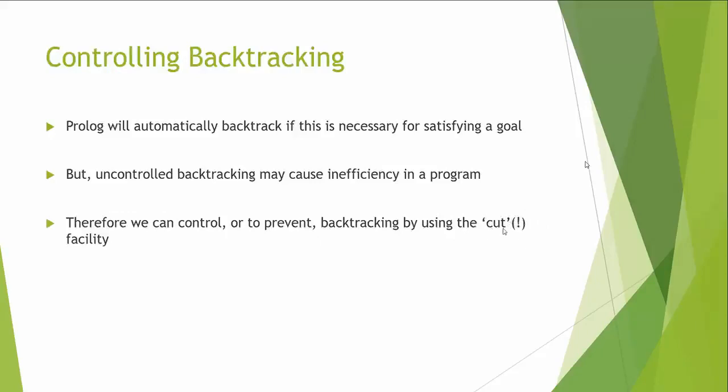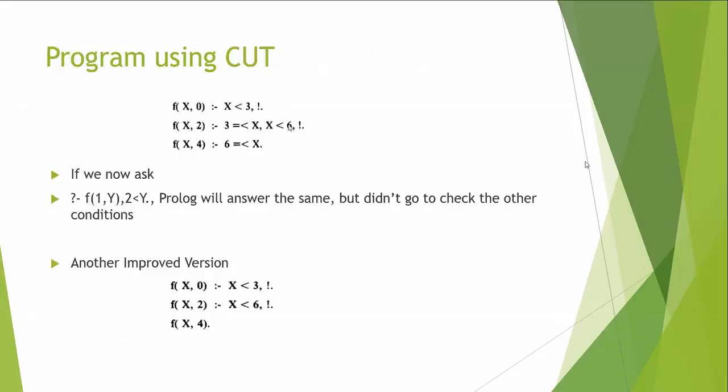I already told you that cut is used to prevent Prolog from backtracking. So what is the meaning of this? As soon as your control reaches this point, if this condition is satisfied, fine; if this condition is not satisfied, then Prolog will come to satisfy the next one. There is no problem with that.